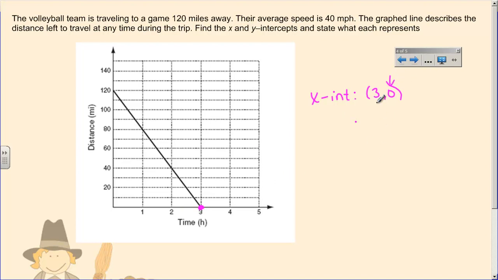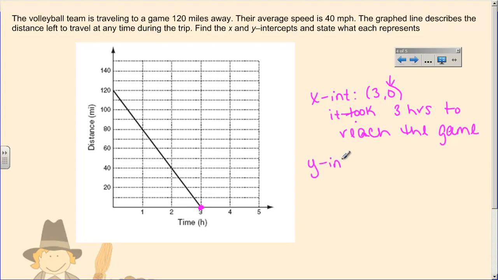This is their time. So this x-intercept here is the time it took for them to reach their destination. So this x-intercept tells us that it took them 3 hours, that's a t, to reach their destination. We'll just say to reach the game. So it took them 3 hours to go 120 miles.